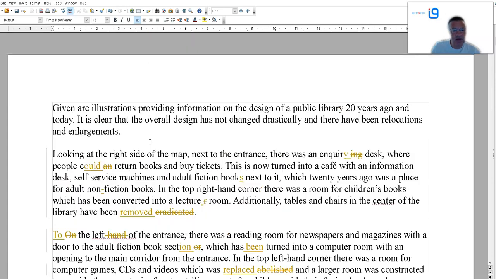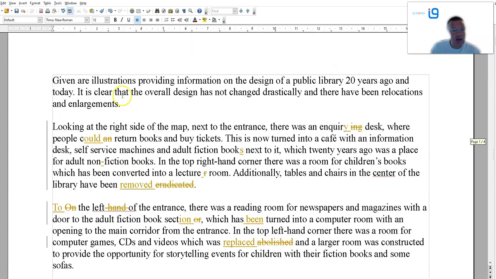So, if we start here, that's not bad. Now, overall design has not changed. Well, true, they've still got, what is it, like 4 rooms and an entrance and walls and a ceiling. But the key feature really is that every room's changed.